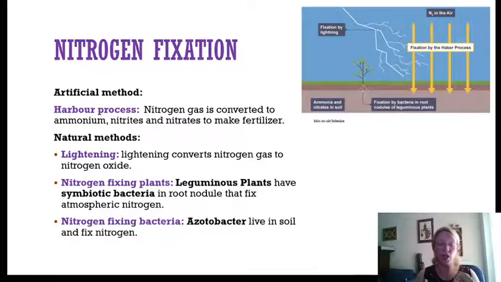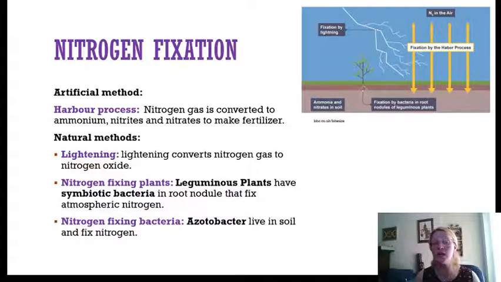And there are certain artificial methods. So some of you doing chemistry will actually learn the whole of the Haber process. We don't need to know the whole Haber process for biology, but we do need to know that that is one of the ways in which nitrogen gas is converted to ammonium ions, nitrites or nitrates to make fertilizers.